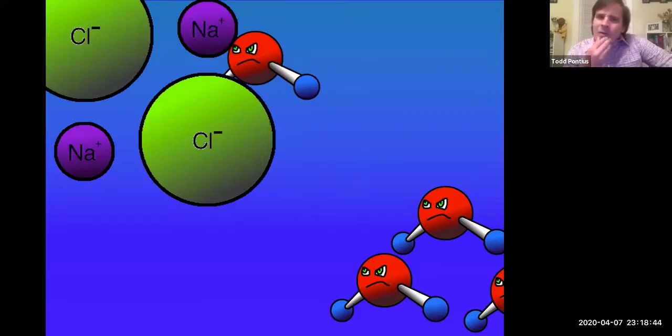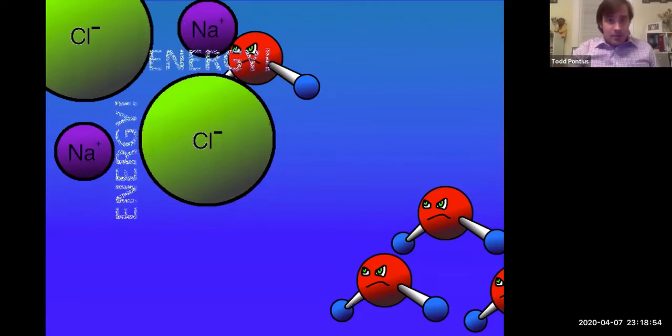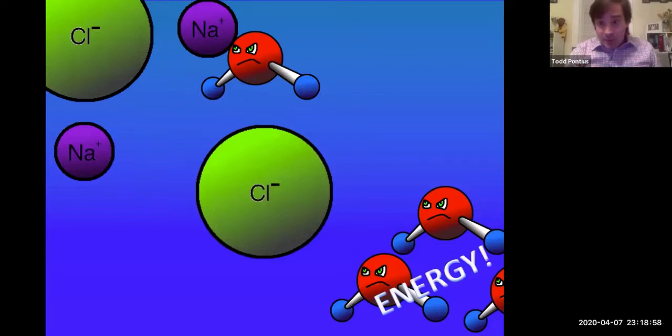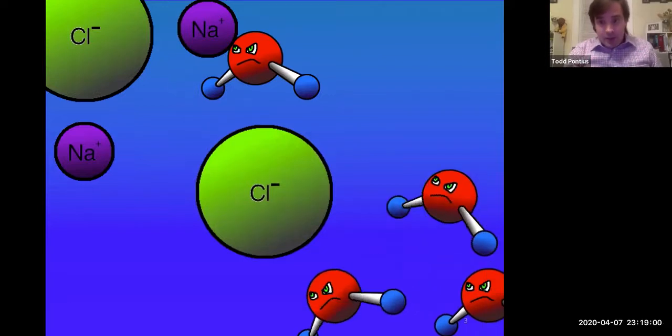But now the solute that we're dissolving, the Na plus and the Cl minus, they have these ion-ion interactions. So they've got this electrostatic thing going. It's going to take energy to break them apart. But it can be done. Then swarm, our solvent.